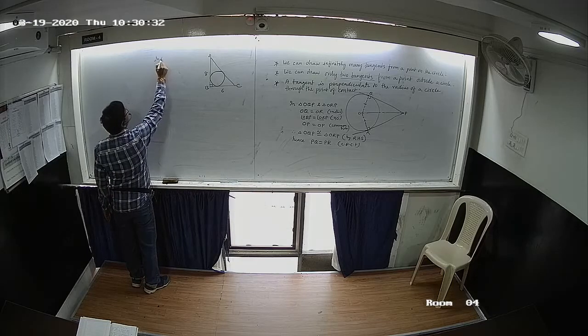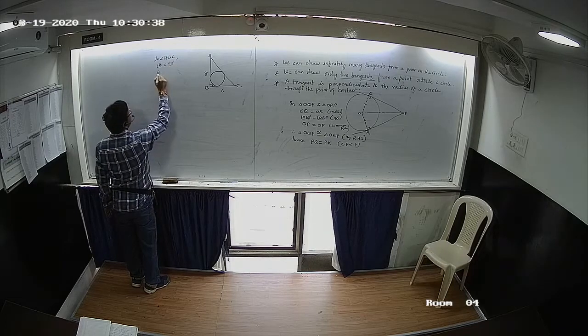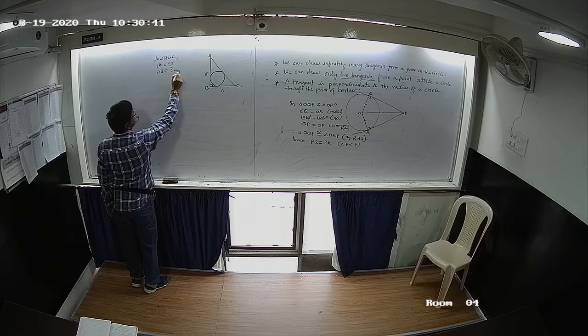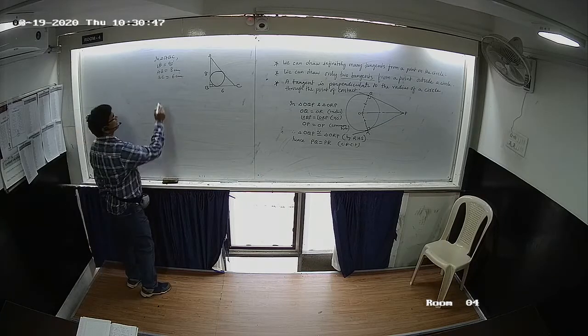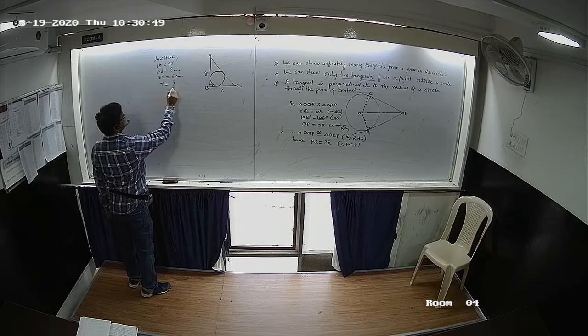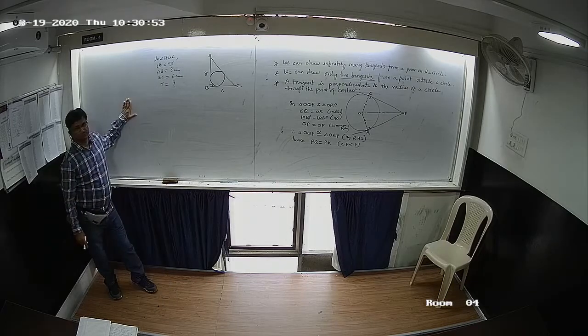In triangle ABC, angle B is 90 degrees, AB is 8 centimeters, BC is 6 centimeters. Then what is the radius of the inscribed circle? We have to find out.